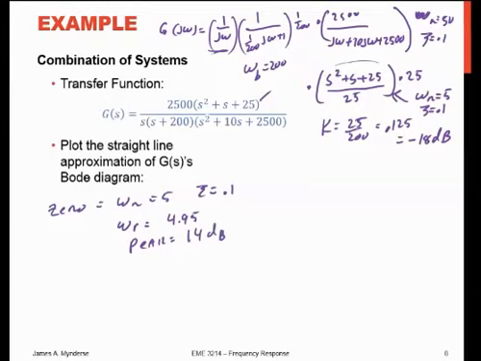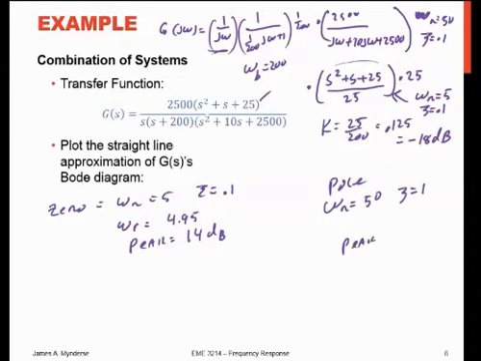And the complex pole, second order pole, the same numbers as before. We had omega n equals 50, zeta equals 0.1.